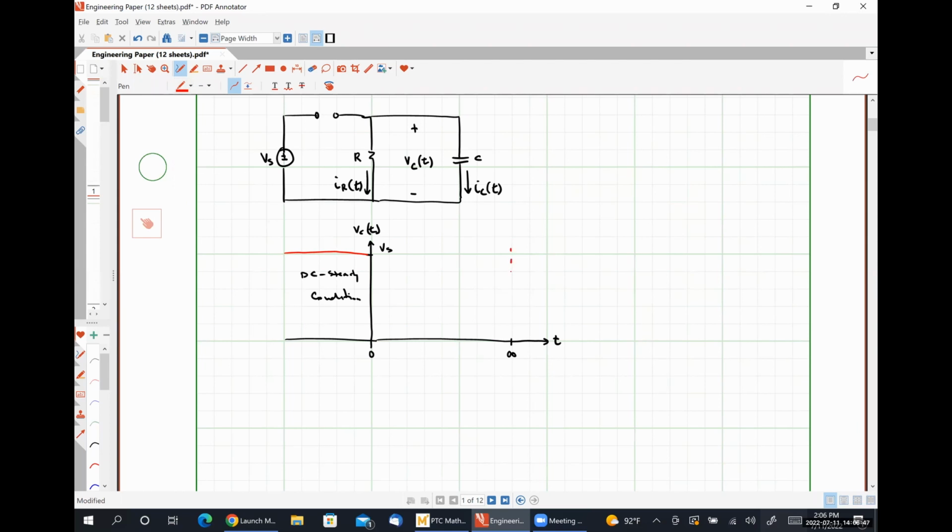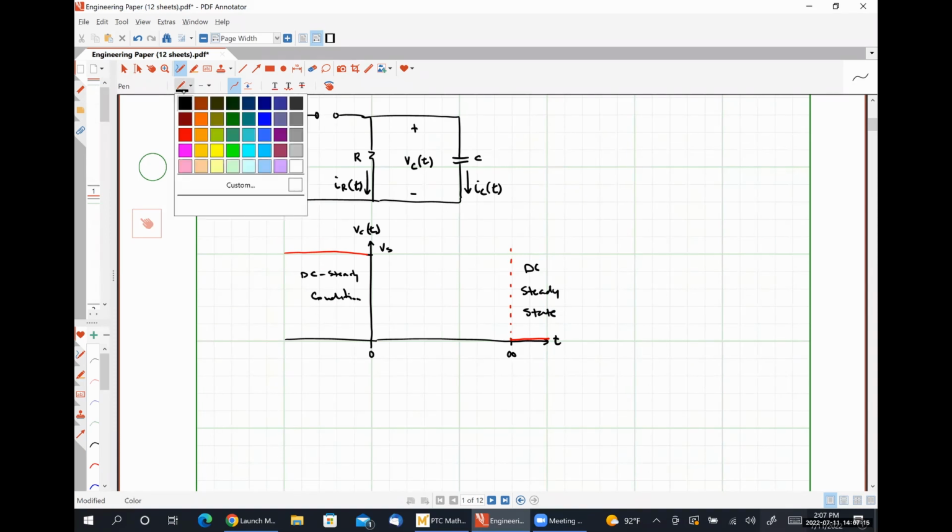A very long time after our transient has died out, our capacitor voltage has dropped down to zero because all of the energy that it had stored had been transferred to the resistor and converted to heat. So everything past t equals infinity is also DC steady state.